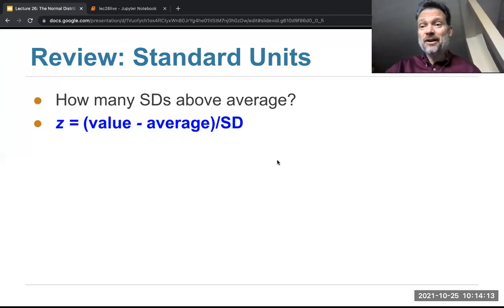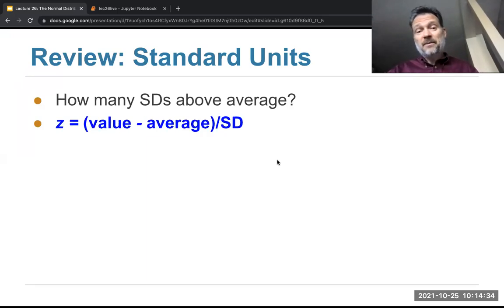And the way we measure how far is in terms of the number of standard deviations. So this is often called a z-score, represented by the variable z. And it's obtained, you subtract off the mean, and then you divide by the standard deviation.